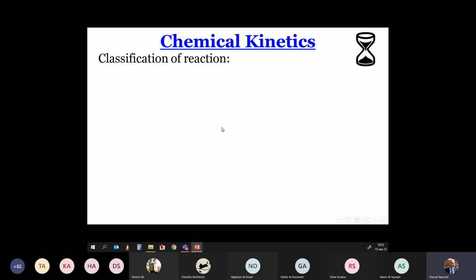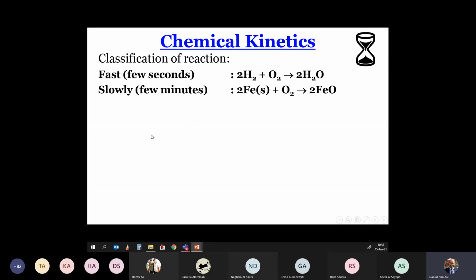In chemical kinetics, we have a classification of reactions. Some reactions are fast. They end in a few seconds, for example, the reaction between H2 and O2 gas to give H2O.